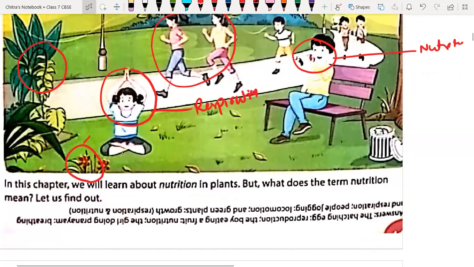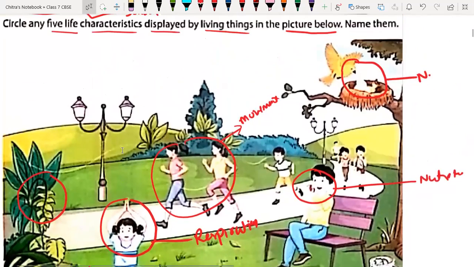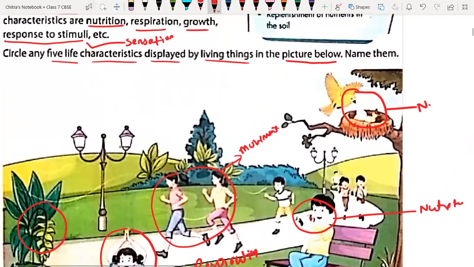See, the answers are given over here. Can you read that? The hatching of eggs. See here, in the nest, these eggs are hatched and these chickens are being formed. So again here we have reproduction.